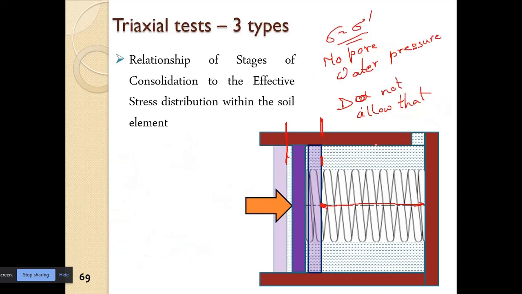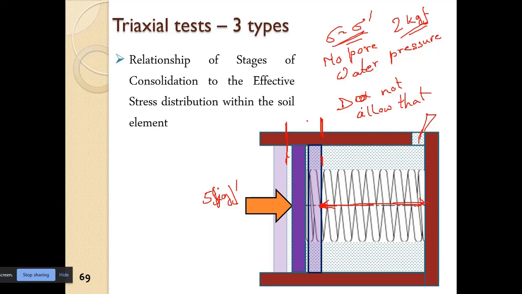Now if we open the drainage, definitely that 2 kg load which was taken up by the pore water will be dissipated, and the entire load of 5 kg force will be taken up by the soil, or by the spring itself.